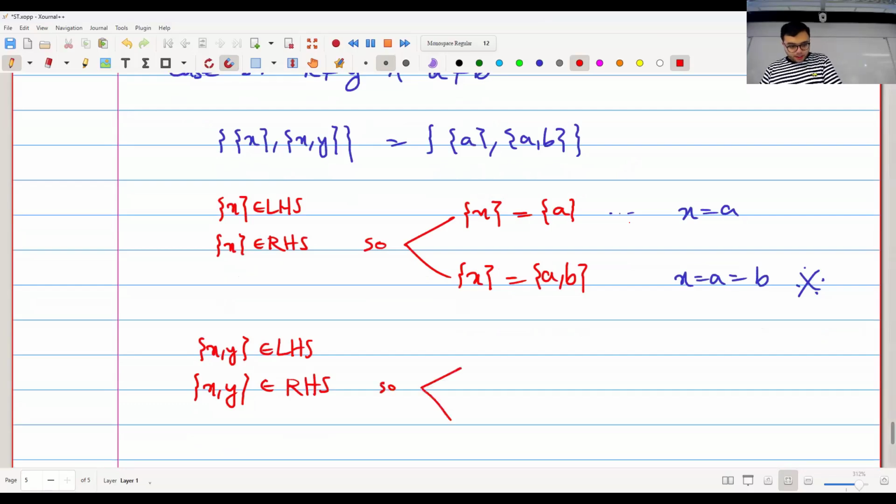So either this thing that is a member of the right is equal to the set only containing A, or it's this other. So XY is equal to AB. Okay. If I'm in the first subcase, this means that X equals Y equals A.